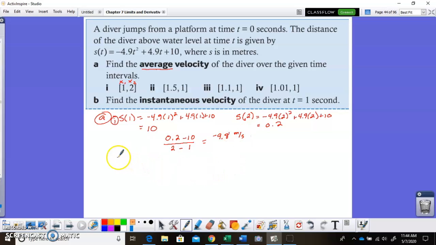Okay, so then if I'm looking at the second problem, I already know my 1. Okay, so I have the point, this is my x2 is 1. So that means my y2 is 10. So now I got to figure the other one. So I need to find s of 1.5.